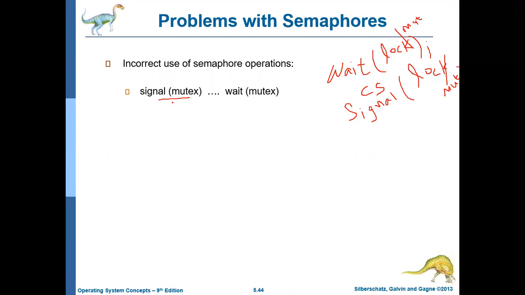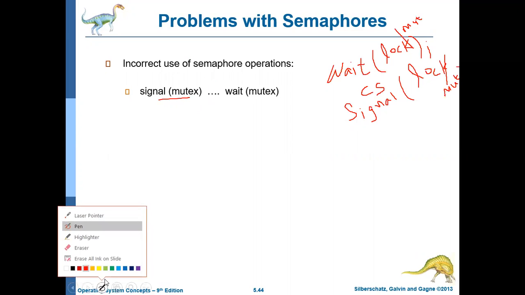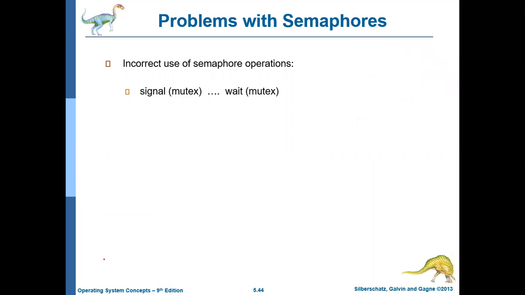After calling signal, the process enters the critical section. This is one such case where the programmer can make a mistake. Instead of following the pattern wait of mutex, then critical section, and then signal of mutex, the programmer does it in the reverse way: first signal, then critical section, and then wait of mutex.